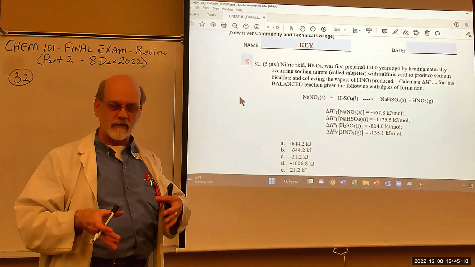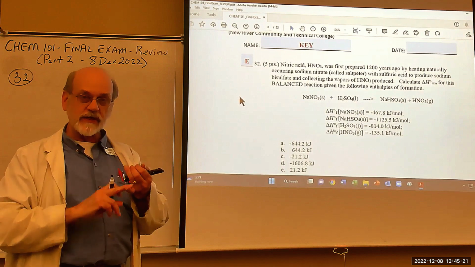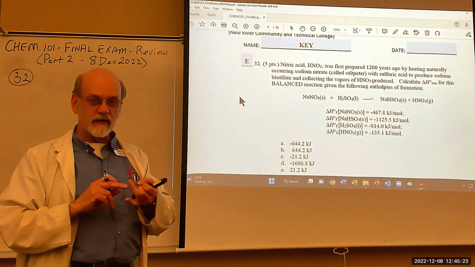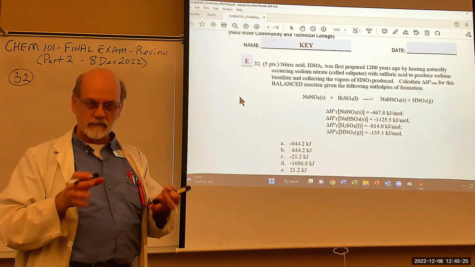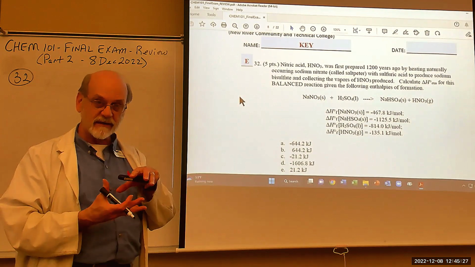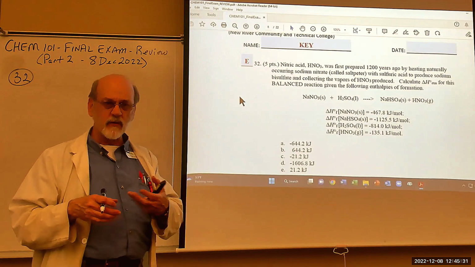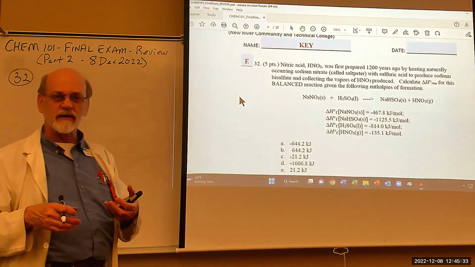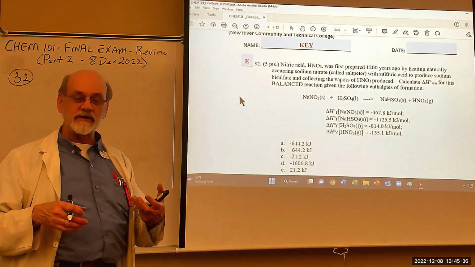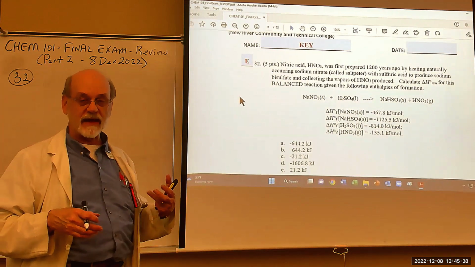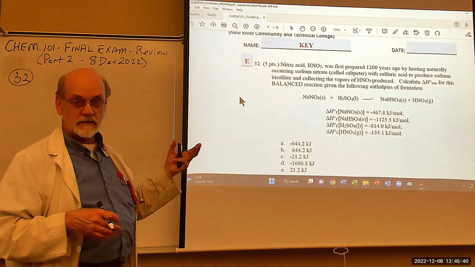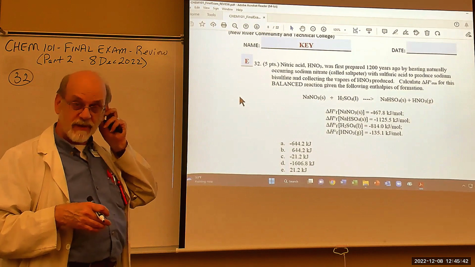We have a target reaction, and you can either use Hess's law if you have a combination of other reactions that can be combined to determine the enthalpy for your target. The other way is if you have heats of formation, enthalpies of formation for each of the compounds in your balanced equation.